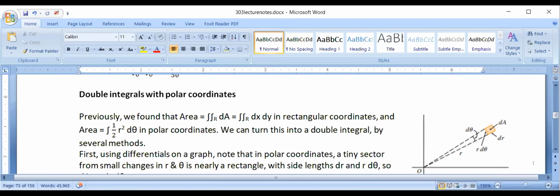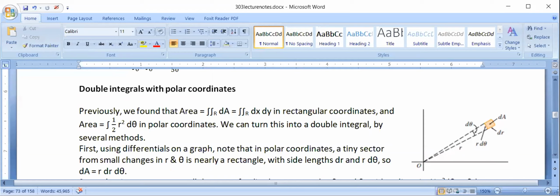So in this case, your little angle change is d theta, so the length of that side is r times d theta. So the dimensions of that are dr and r d theta.